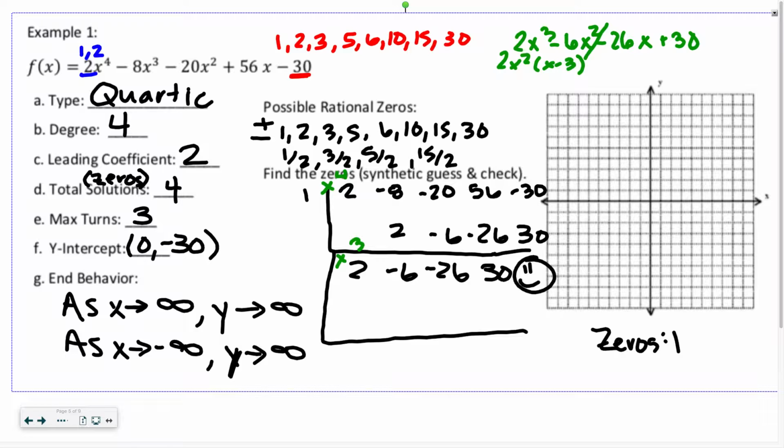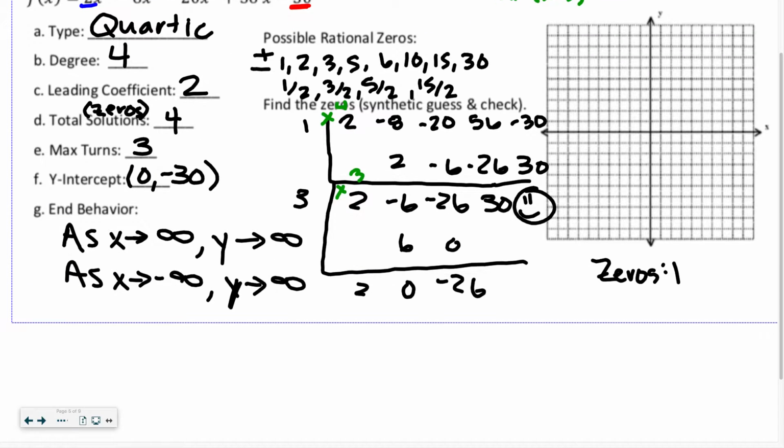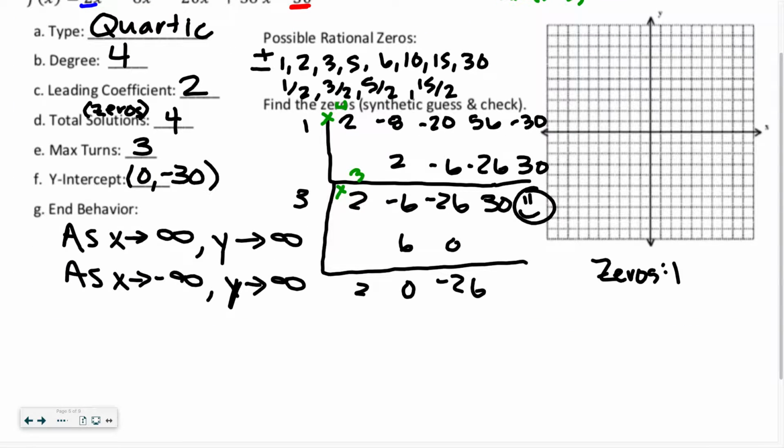Okay? So we've checked 1. What else do you want to try? Alex is saying 3. Okay, put 3 out there. That's 2, 6, 0, 0. Oh. I can see already that's not going to work, right? Boo. Not to you, just to the 0. So I'm going to have to restart that one.